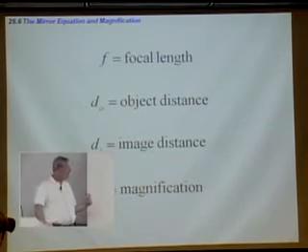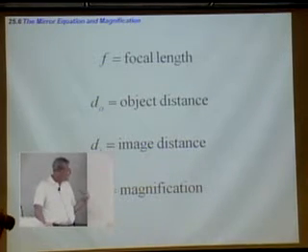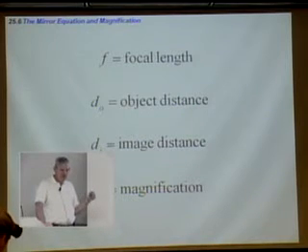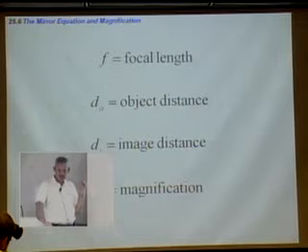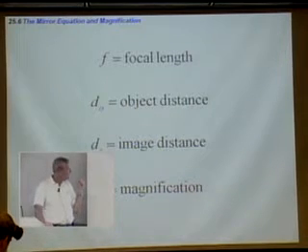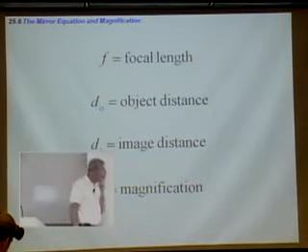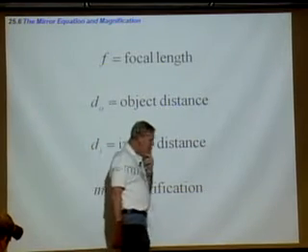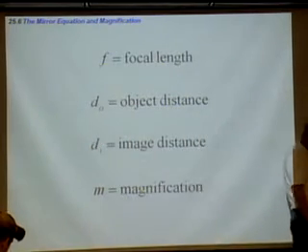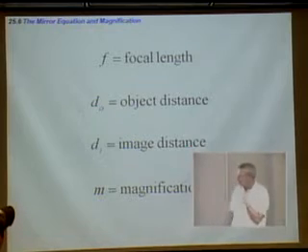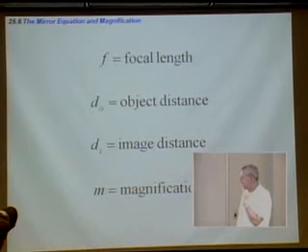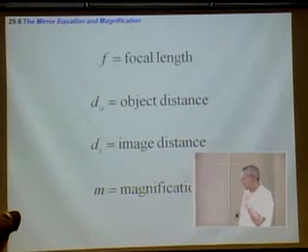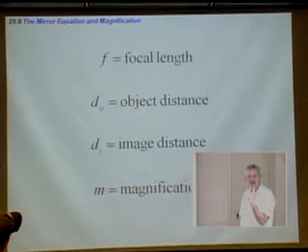Now, think about what you've learned so far. The object distance is always going to be positive because that's always going to be in our real world. Okay? Would you be able to tell me what kind of mirror it is if the image distance was negative, if DI was negative?